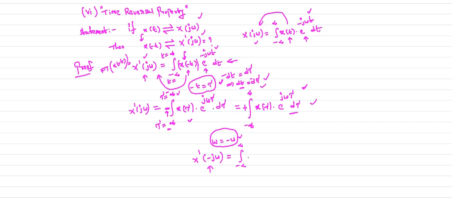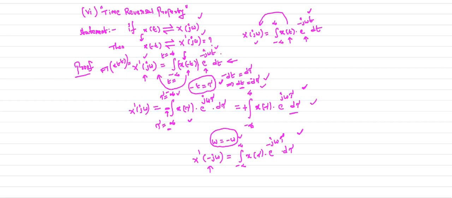So integral from minus infinity to plus infinity, x of tau e power minus j omega tau d tau. Now it is in the standard form. The only thing is the variable is changed.